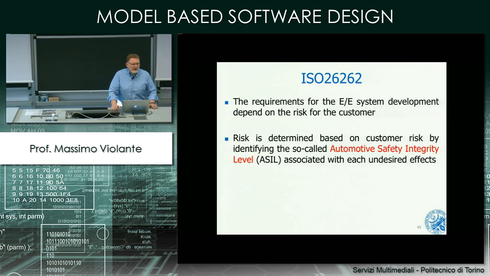Think about the steer lock system. If that is not working properly, it could happen that the steering wheel is locked while you are driving your car. In that case, we will have very bad consequences out of that. Both are electronic systems.